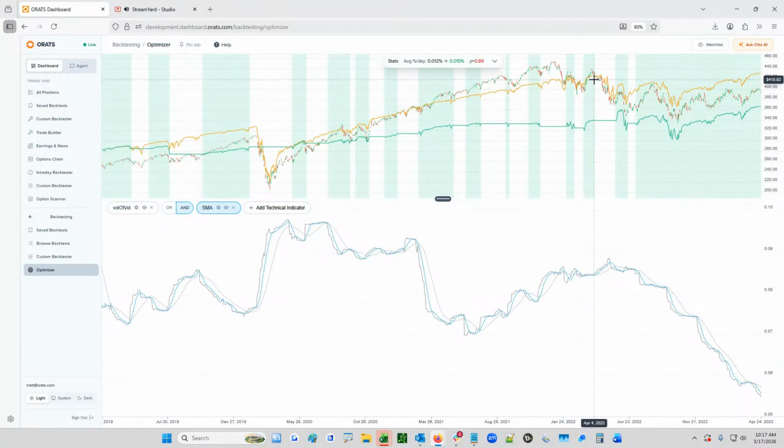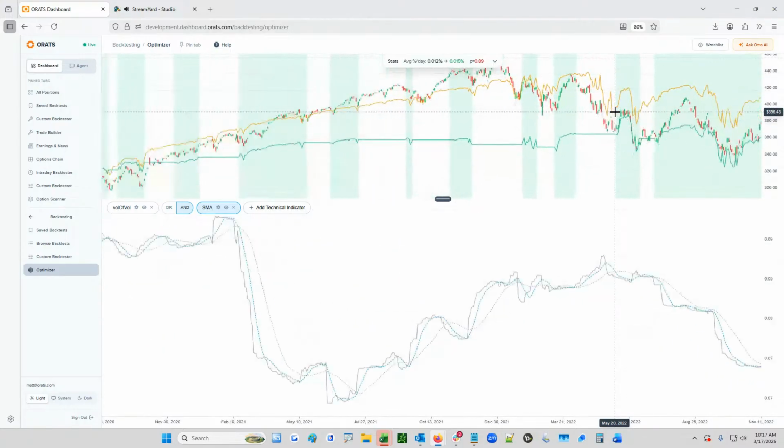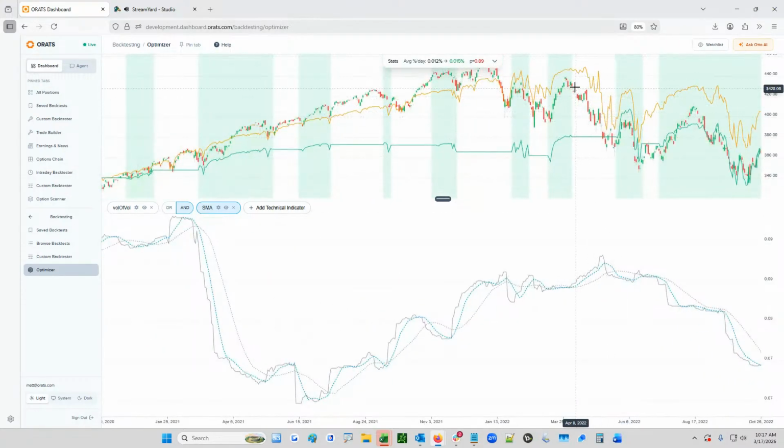So here's the correction in April of 22. It got us out, and it got us back in pretty well. I know it looks a little messy, but this is a great exit, right? You exited when it broke that uptrend here and then started coming down.